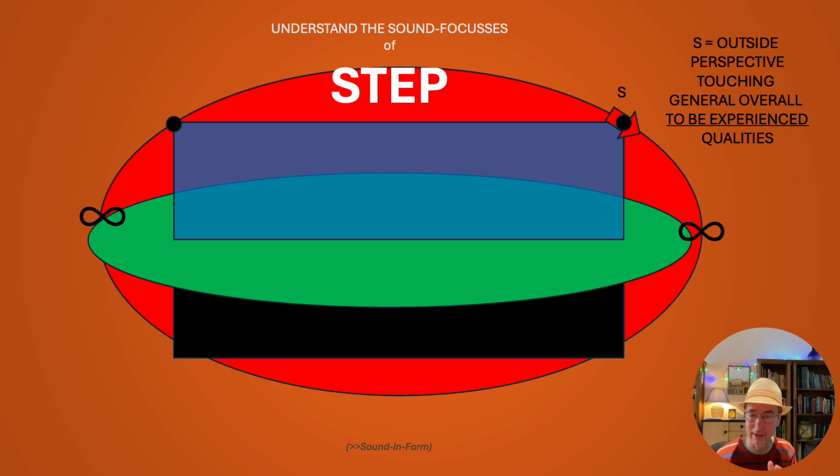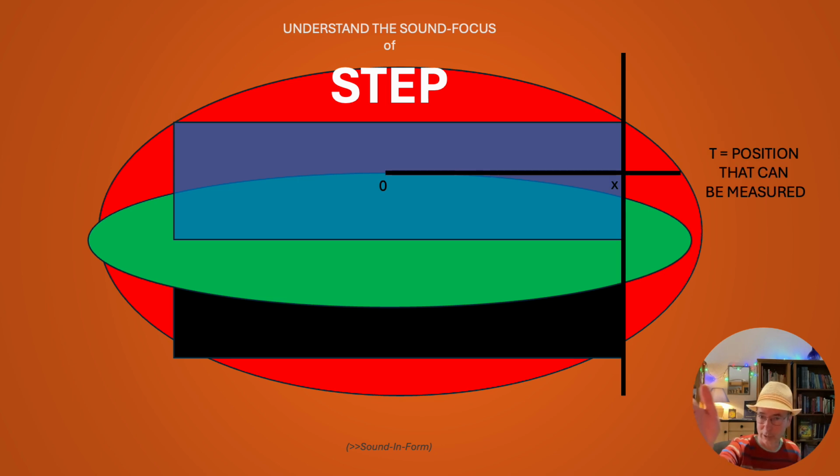So that's why this is a different kind of value than, for instance, the next letter, the T. The T, which I will start from that S position that I have, is that point where I can measure it. So I start from experiencing it without borders to a certain measurement. So that is the kind of experience that we have. For instance, when we sense something at a certain point, when you see, okay, now how much it is there at this moment, I have a measurement.